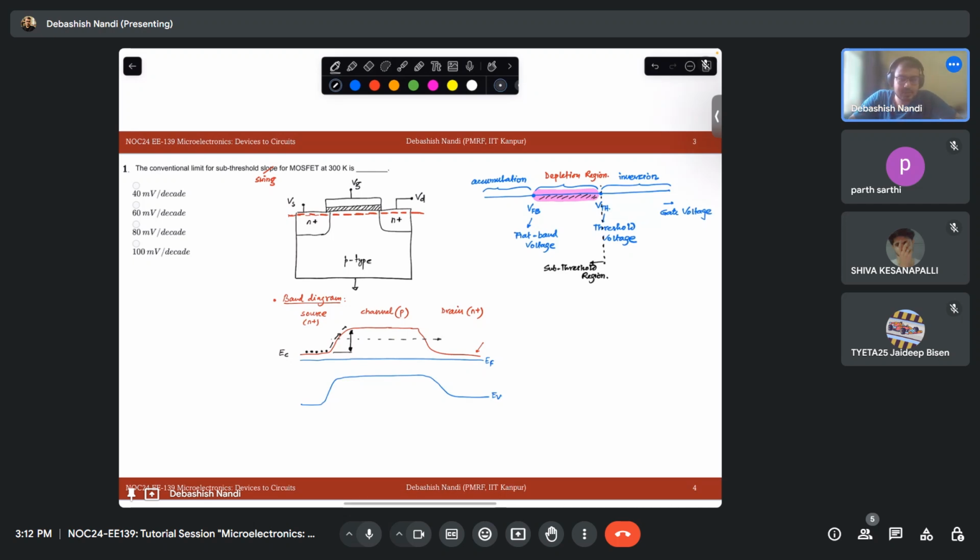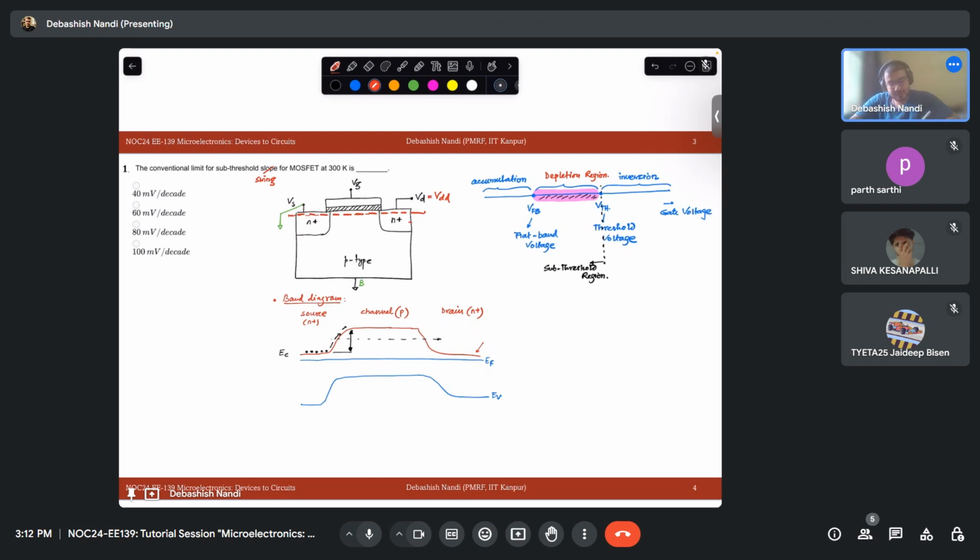Now you need to reduce this energy barrier to get more electrons to cross over to the other point. Because in an NMOS, this is grounded, and B is also grounded, and you are applying a certain voltage here. Let's say you are applying VD equal to VDD, some positive voltage.